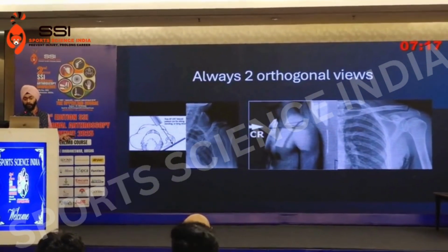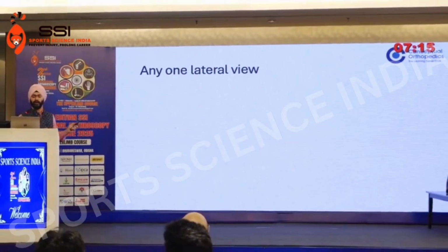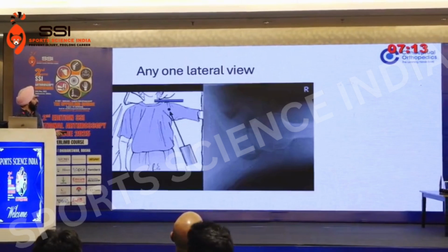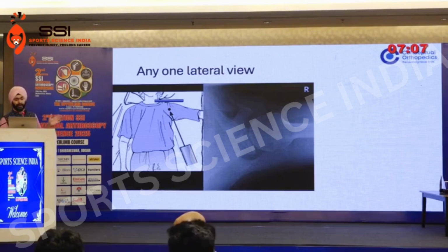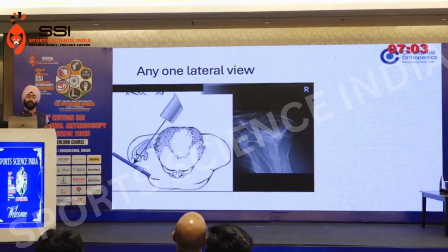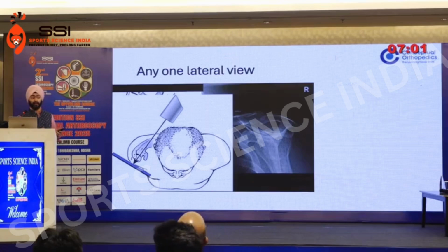Along with the AP view, you need one lateral view, and you have various options for it. You can have the standard axillary view, but in trauma situations you may not be able to get a proper axillary view. So you can either have a scapular lateral view, which we call a Y view, which is exactly perpendicular to your true AP view.